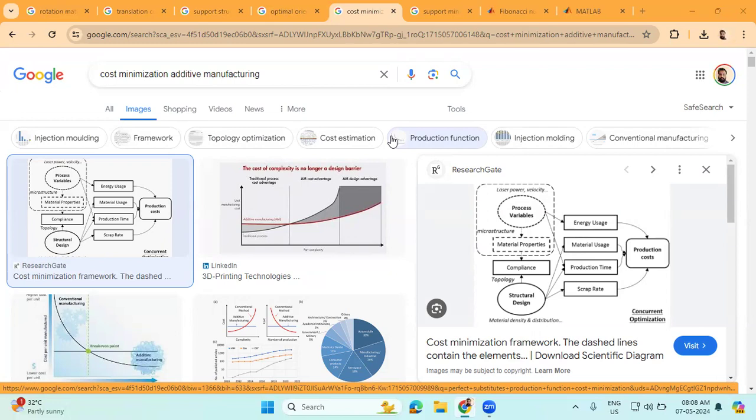Then what is called a pre-processing cost? Pre-processing means before starting the machine operation, what are the costs involved? That is what is called a pre-processing cost. One is we have to deal with the time related to model position, support generation, model slicing, and toolpath generation time. So all these times you have to add together and multiply with the staff cost per hour plus the computing facility cost per hour.